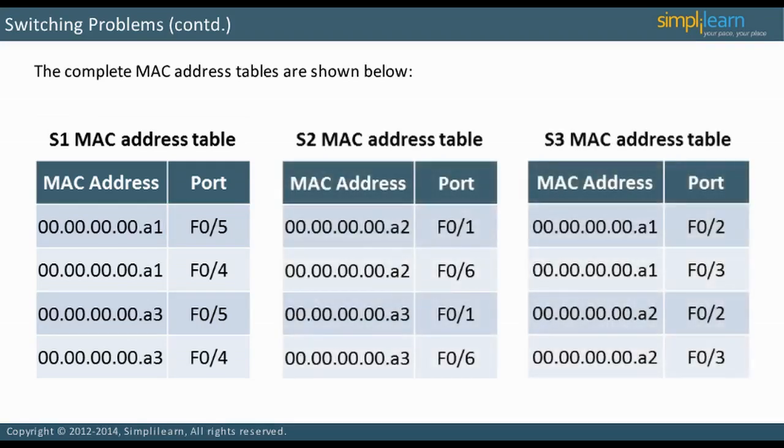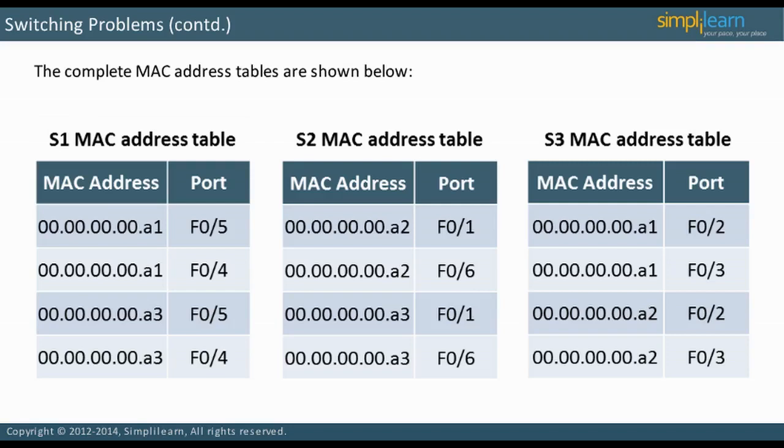The MAC address tables for the other two switches, S2 and S3, will also have two entries for each MAC address. The complete MAC address table for S2 shows two exit interfaces for MAC A2 and MAC A3. Similarly, the complete MAC address table for S3 shows two exit interfaces for MAC A1 and MAC A2. Take some time to read the MAC address tables.